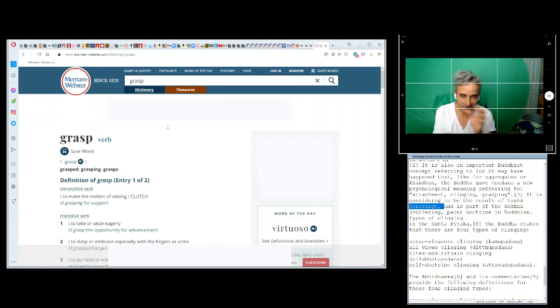But in the Wheel of Life, in the center of it, there's a circle, and it's showing three animals, and they're circling, and one of them is a pig, and one of them is a snake, and the other one is a bird, like a cock or something like that. So the bird is always grasping for whatever it desires, and the snake is really mad or angry and is attacking.